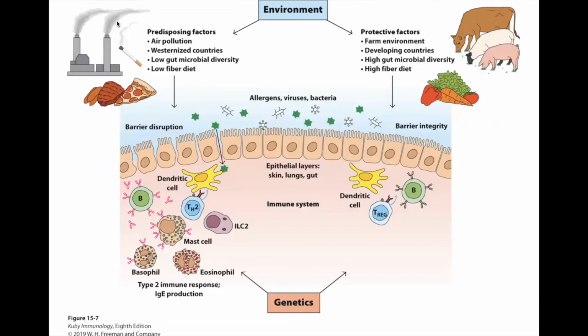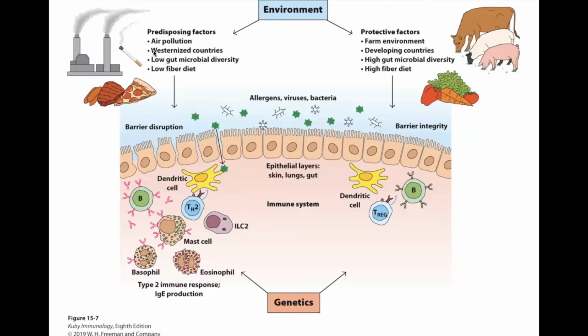We also want to keep in mind that there are a number of factors, as I mentioned, that put individuals at risk of developing allergies. There are environmental factors that put individuals at risk, so we can have these predisposing factors. If we live in areas with high air pollution, also westernized countries, because of different foods they're eating, and again, this goes into the hygiene hypothesis, where there have been big shifts in our gut microbes.